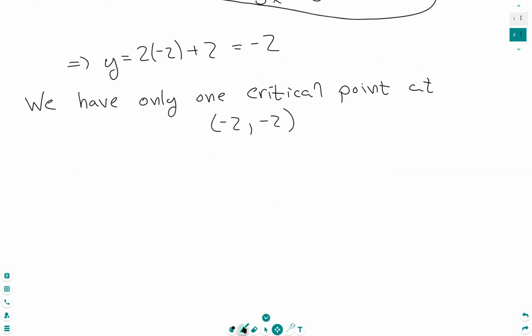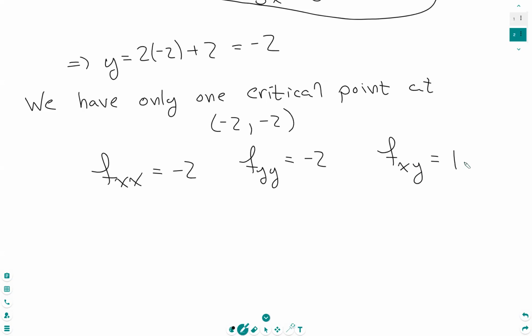So now we have to do our second derivative test. Let's go ahead and calculate all those derivatives. fxx is -2, fyy is -2, and fxy is equal to 1.